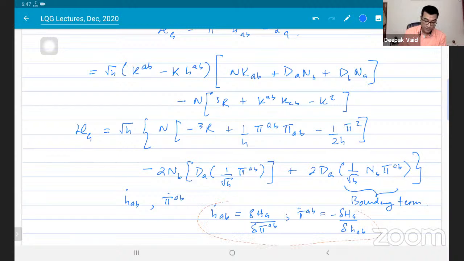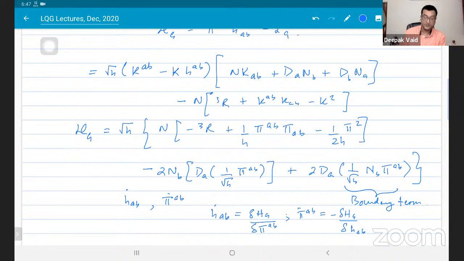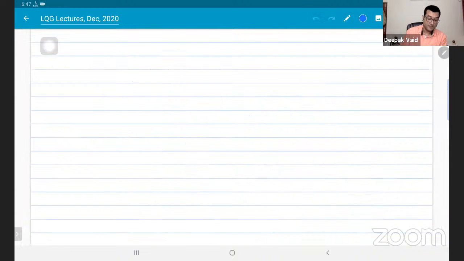And then you can use these equations to find out the time derivative of the metric and the time derivative of the momentum. Very roughly speaking, h_AB at tau plus delta tau would be h_AB at tau plus h dot_AB at tau times delta tau.